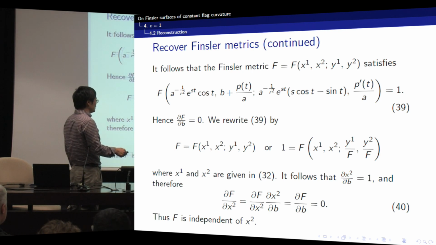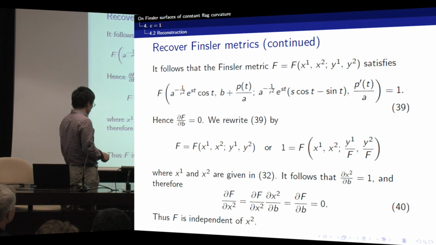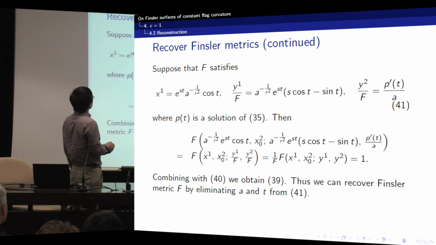It follows partial x2 over partial b equal to 1, and partial F partial x2 equal to this one, and equal to partial F partial b equal to 0. Thus, F is independent of x2 because of this one.